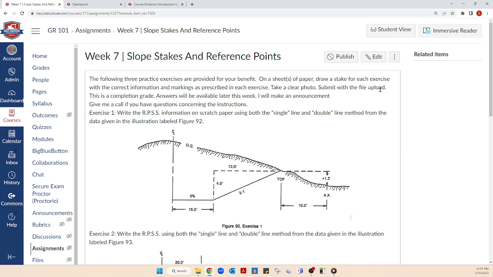Like this exercise right here, it doesn't have a stake. You're going to need to draw it. So take a clear photo, and that means I want to be able to read the stake, and then submit it with the file upload.